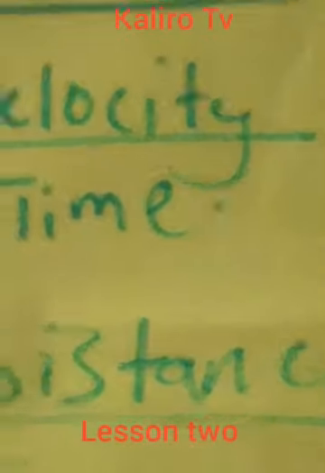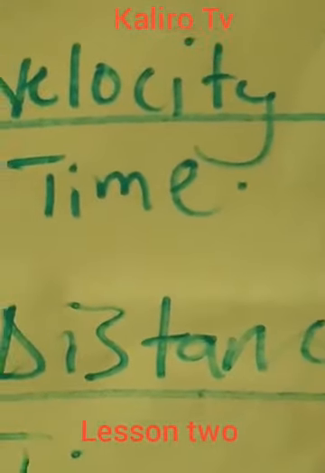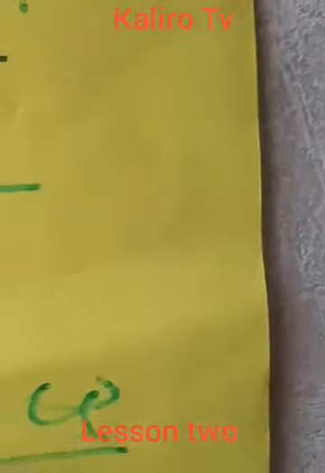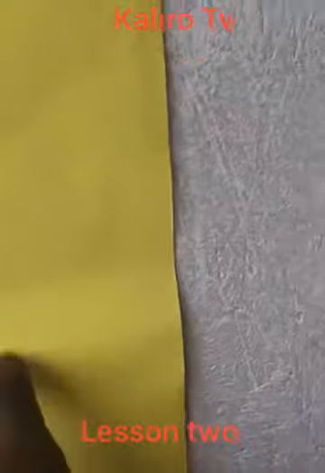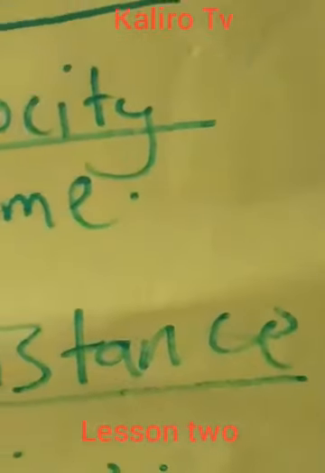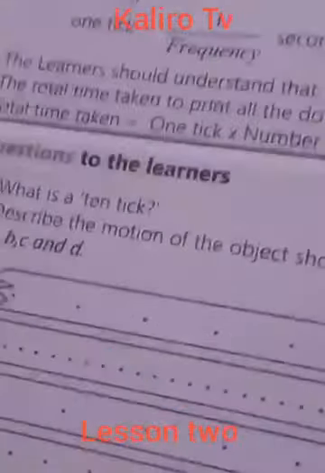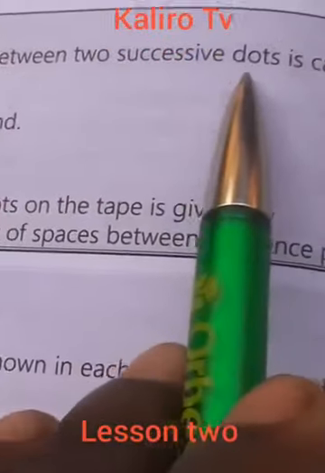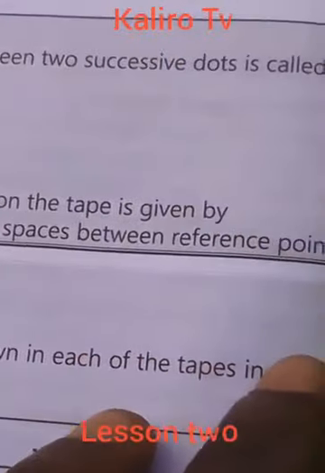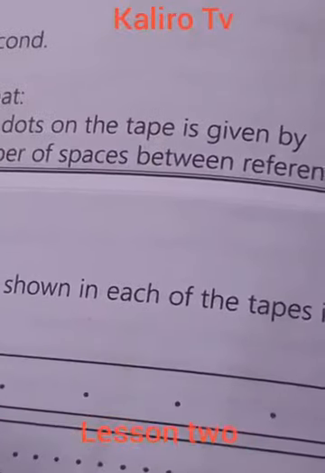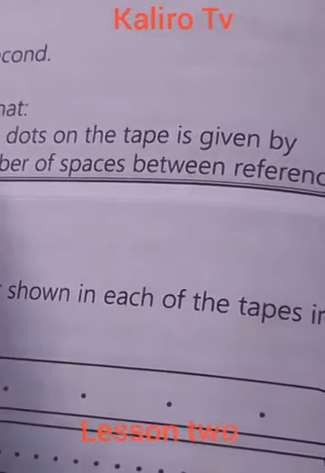Sometimes velocity is similar to speed. That's why you're seeing me have put here the term distance. But in actual sense, whenever you are dealing with velocity, you are supposed to think of displacement. Now we are going to look at something very small. For a ticker timer, time taken between successive dots is called a tick and is given by 1 tick equals 1 over the frequency.